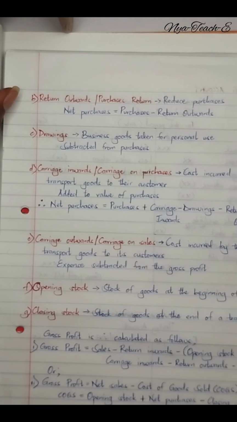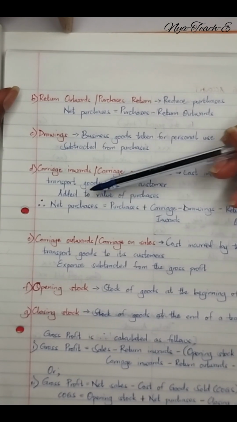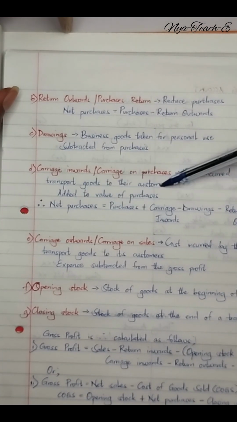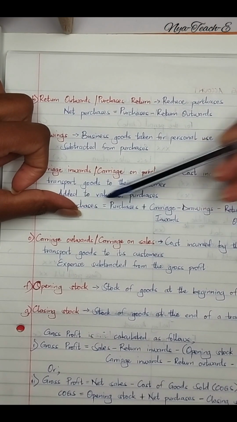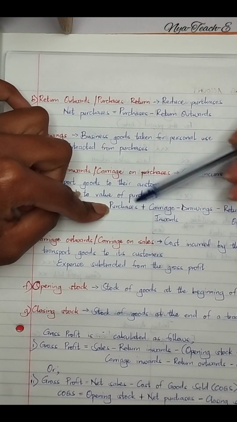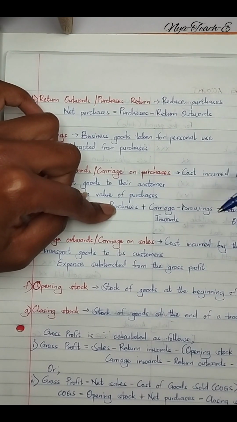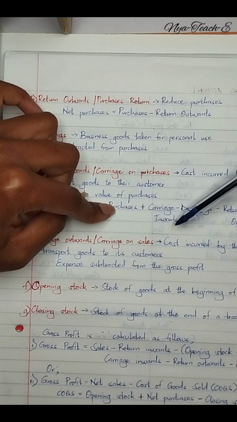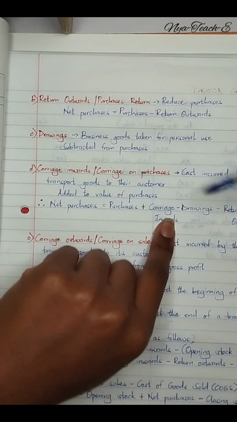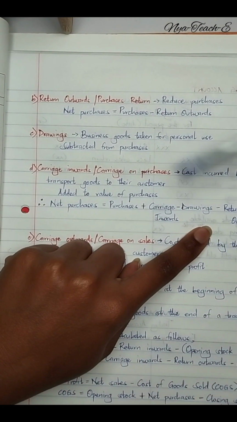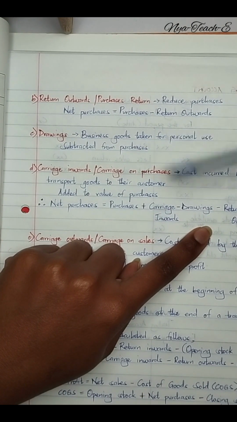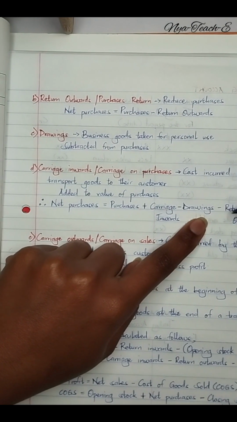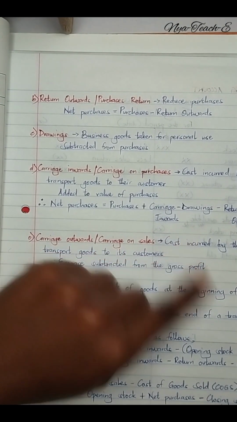That cost is incurred by the supplier, so it is usually added to the value of purchases. So what are we saying? Net purchases will be found when you take purchases, that is what you have bought, plus carriage inwards, this cost, minus drawings, what the business owner has taken from the business for personal use, minus return outwards.